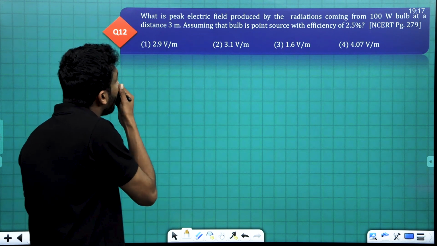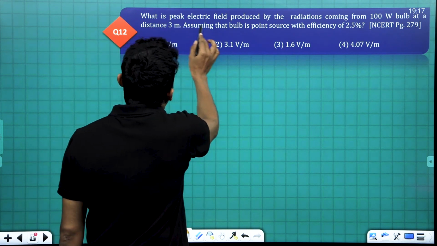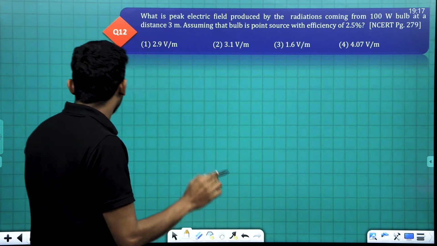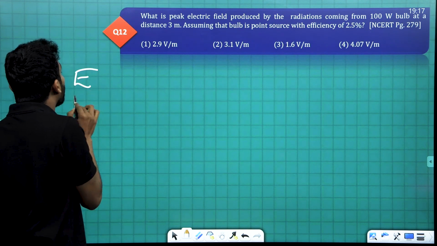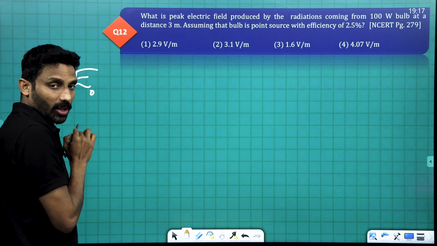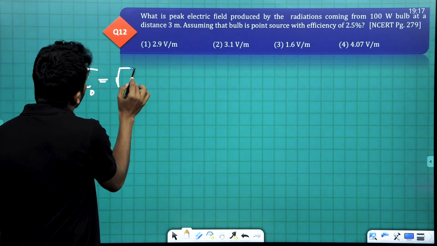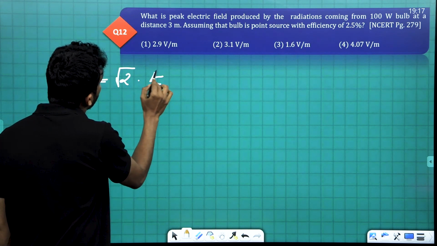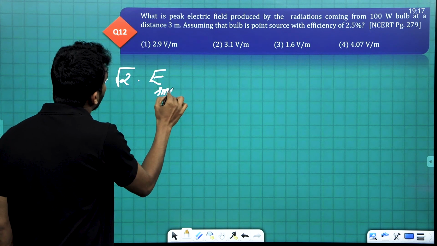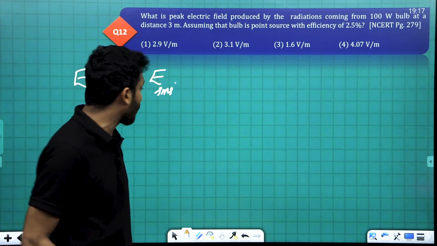What we have to calculate is the peak value of electric field. E naught, the peak value, is equal to √2 times E RMS. This is the first equation.